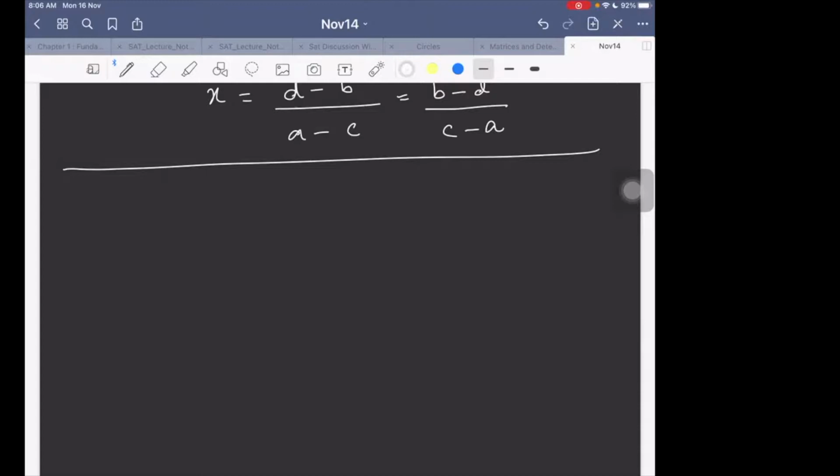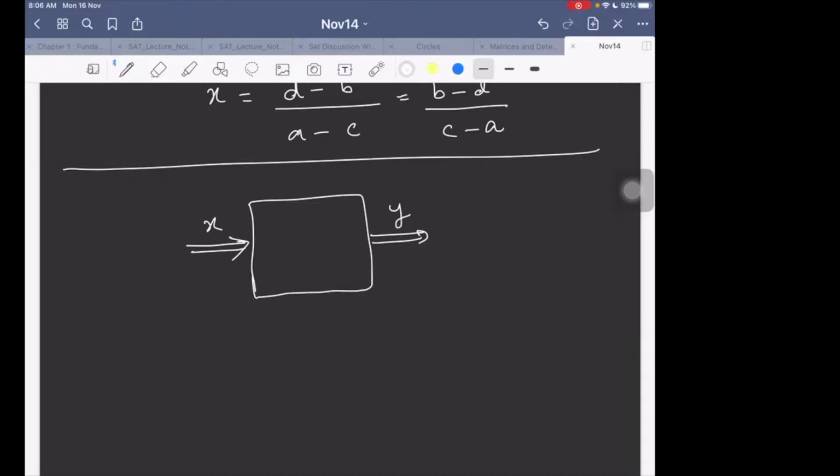Function is basically a black box. Think of it as a black box. Feed some input to it, and then it gives you some output. The only thing is when you give one input, it gives you just one output.